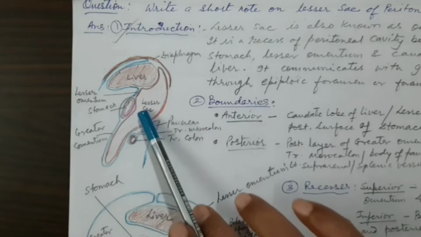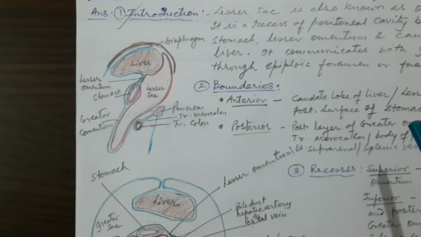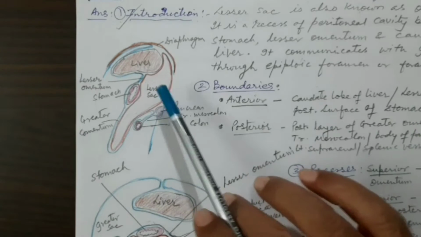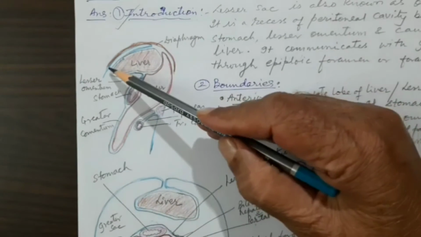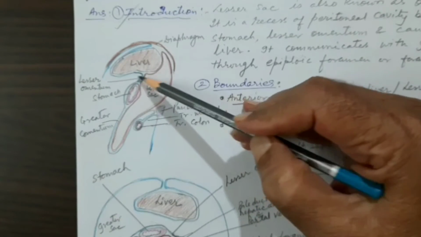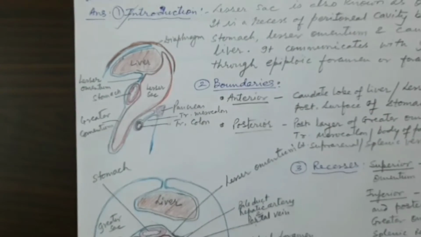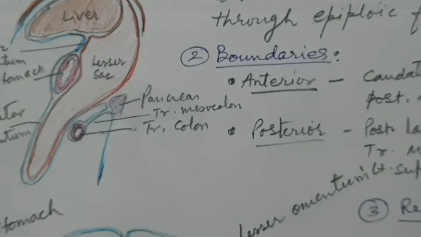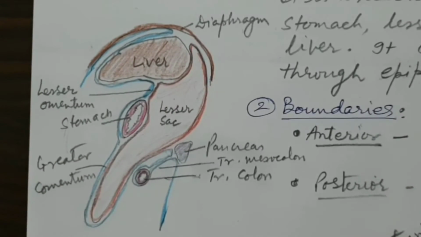But before I come to the boundaries, I will just tell you about the vertical disposition of this peritoneum here. Now this is the diaphragm, and this is the liver. If you trace the parietal peritoneum, let me increase the zoom, just see this diagram.